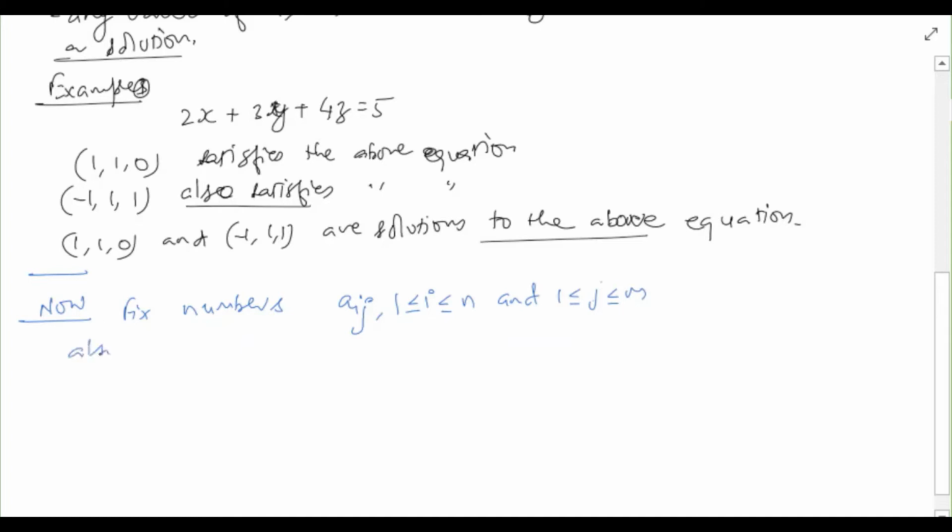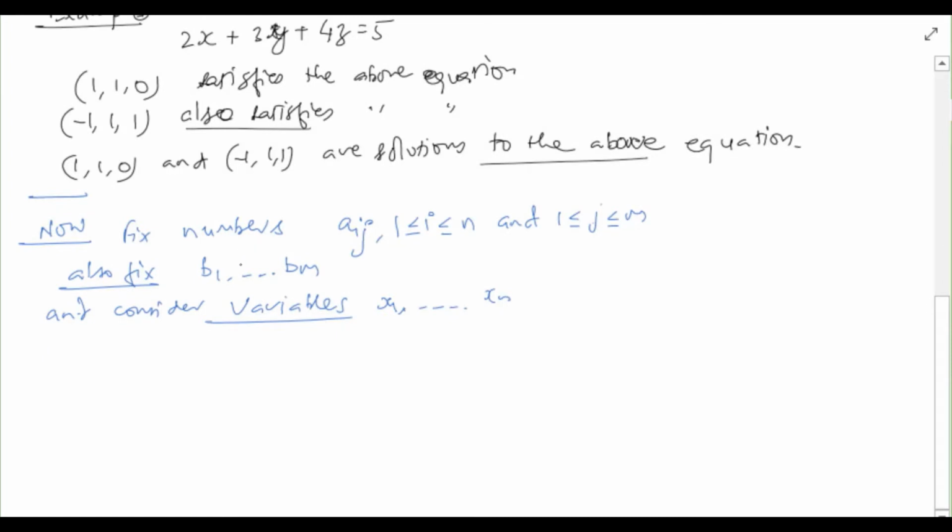Also fix b1 dot dot dot bm and consider variables as before, n variables x1 to xn.